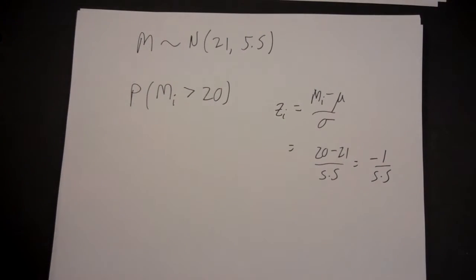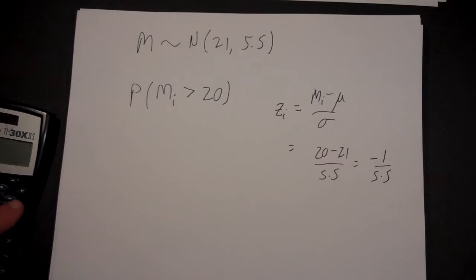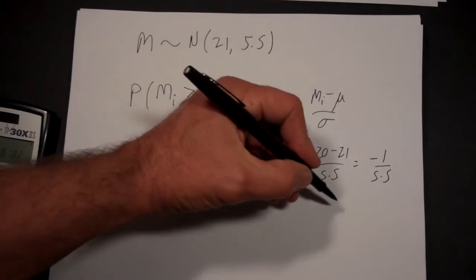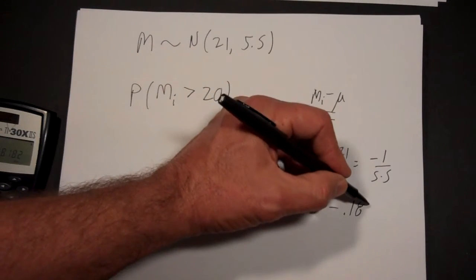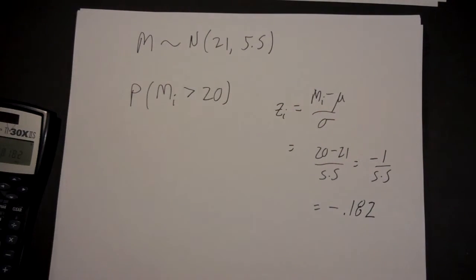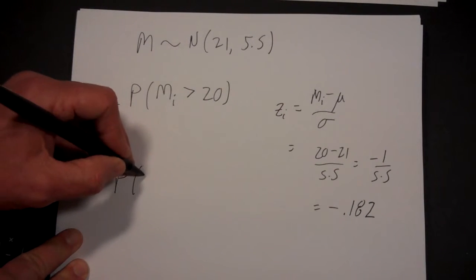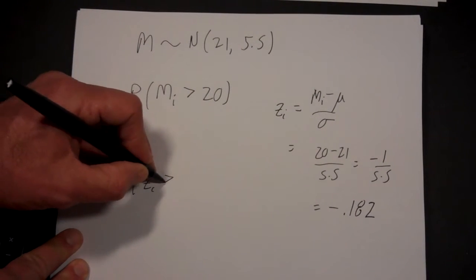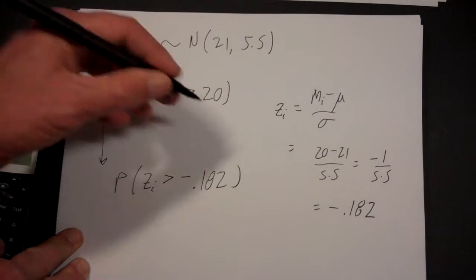Be careful with your positives and negatives here. You know this is going to be a negative because it's a value less than the mean. Minus 1 divided by 5.5 is equal to minus 0.18 repeating. I'm just saying it's 0.182. So this is equivalent to saying the probability that zi is greater than minus 0.182.